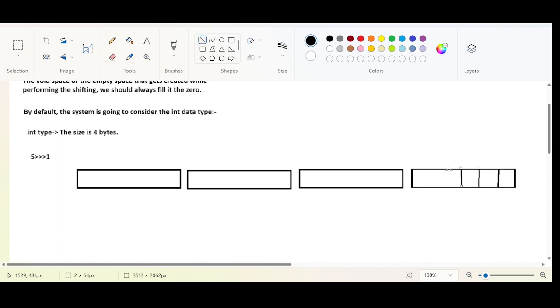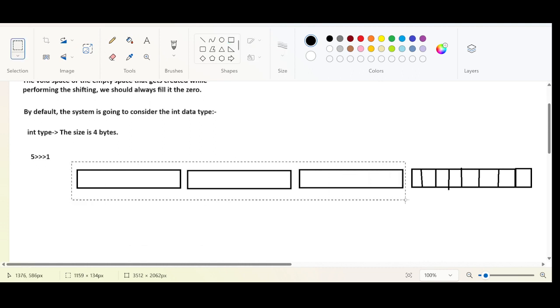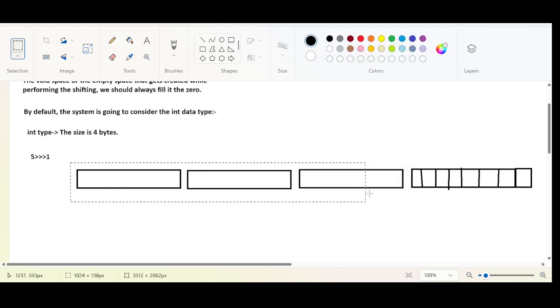This is how the integer data type is represented inside the memory, and we call this a register. Let's count this space: 1, 2, 3, 4, 5, 6, 7. Let me add one more box. Internally this is how it gets represented. Let me delete this and rewrite it.